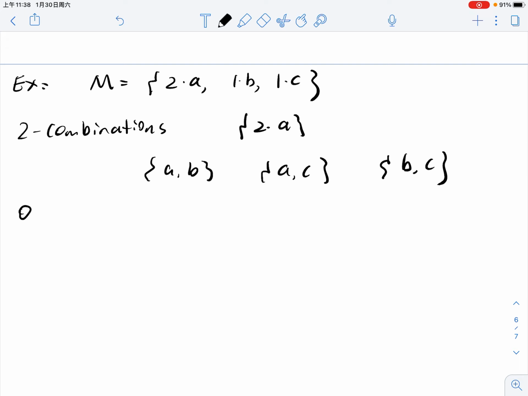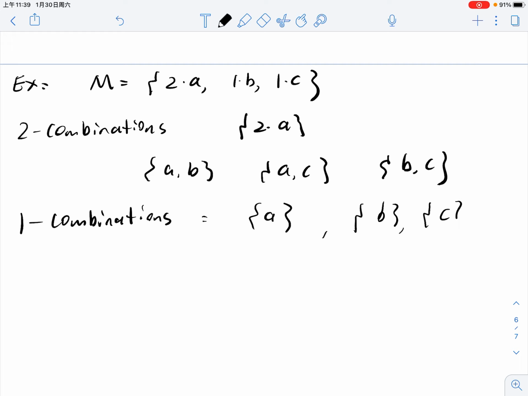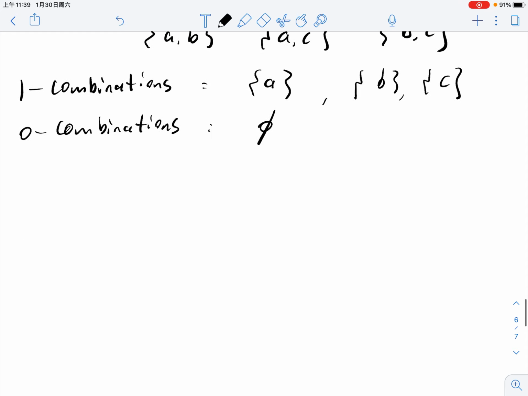And of course one combinations are just A, B, C, and for convenience let's write it down. And 0 combinations, just the empty set.